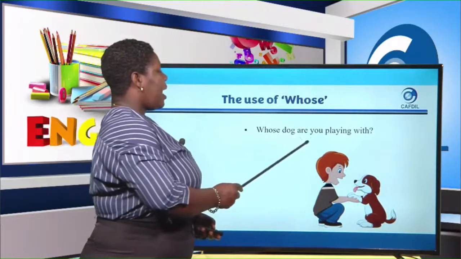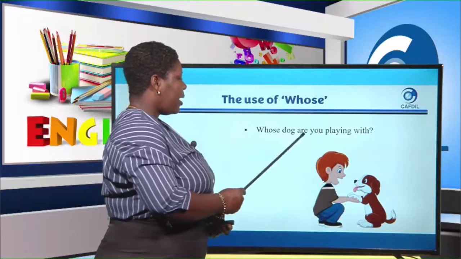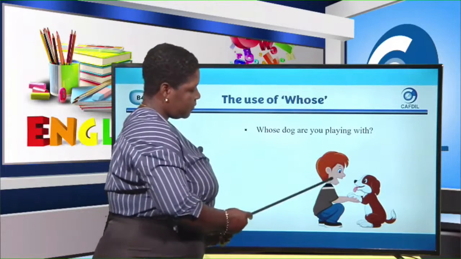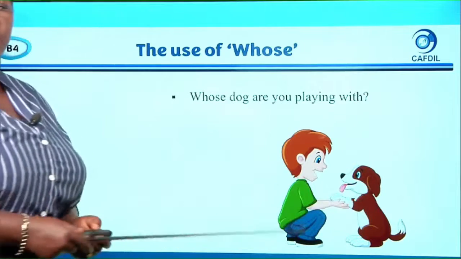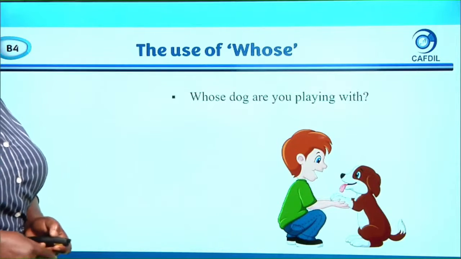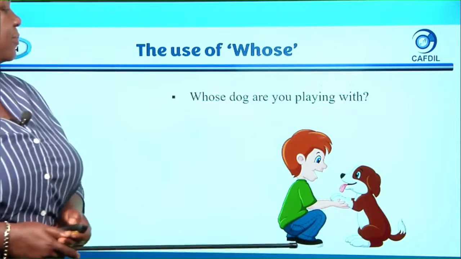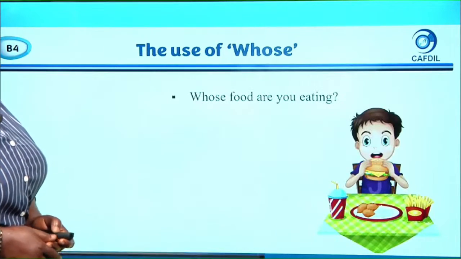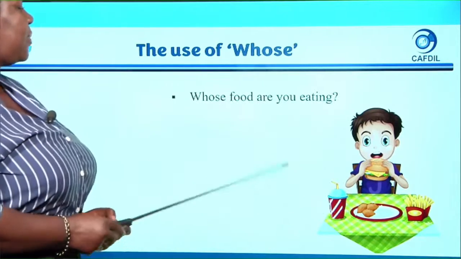Whose dog are you playing with? This young boy here is playing with a dog. Whose dog is it? Whose dog are you playing with? Whose food are you eating?